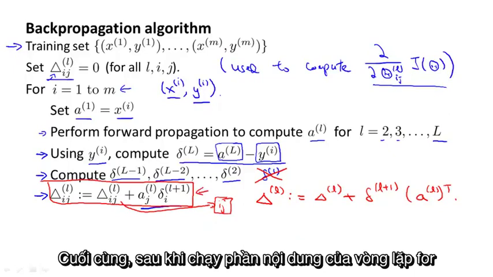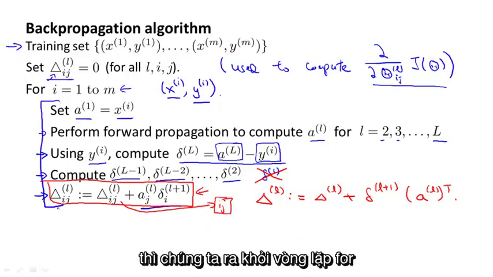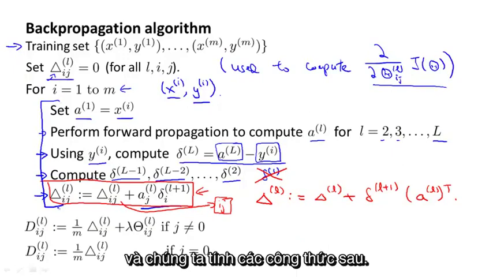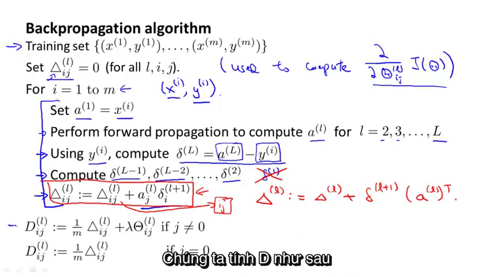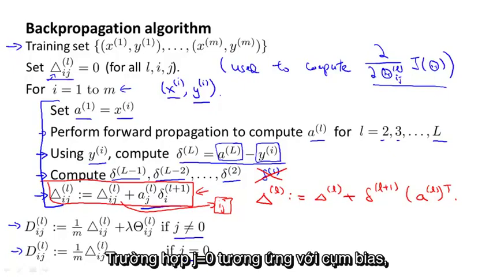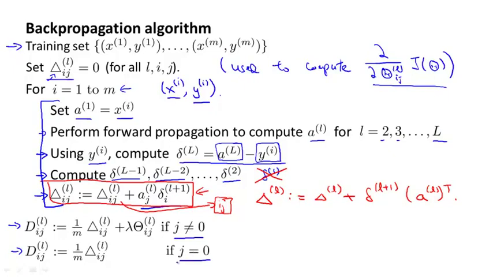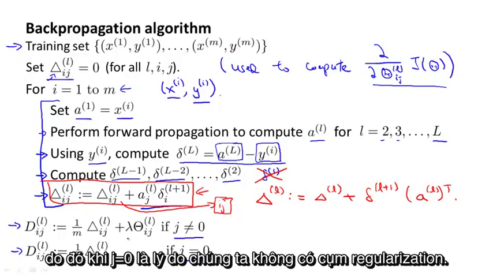Finally, after executing the body of the for loop, we go outside the for loop and compute capital D as follows. We have two separate cases for j equals 0 and j not equals 0. The case of j equals 0 corresponds to the bias term, so when j equals 0, that's why we're missing this extra regularization term.